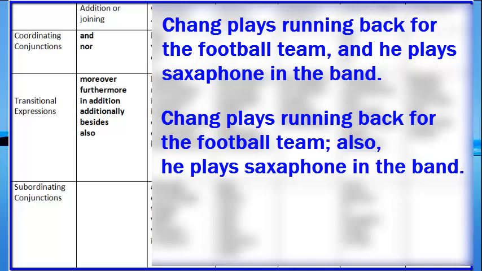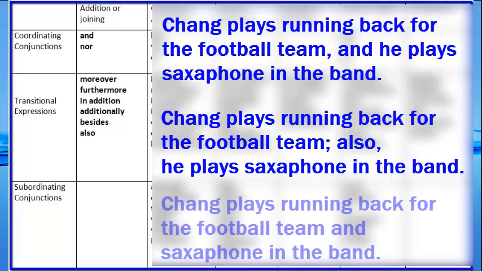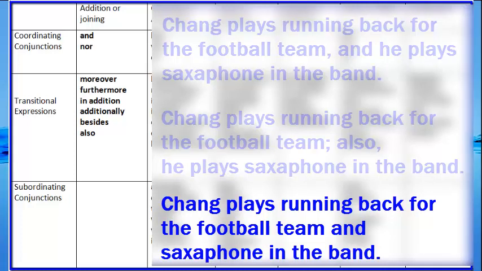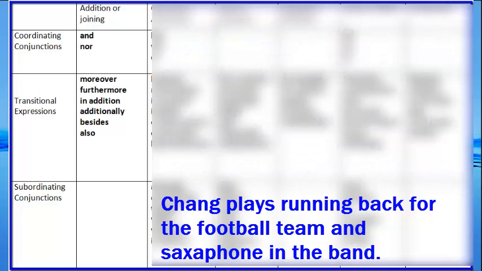You see here that you have a variety of ways of saying the same thing. Note that these ideas can be expressed in a simple sentence. Chang plays running back for the football team and saxophone in the band. This is a simple sentence because it consists of just an independent clause.